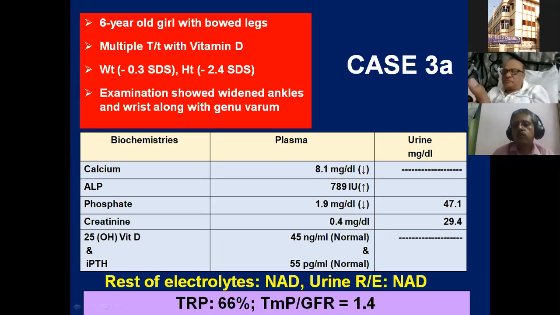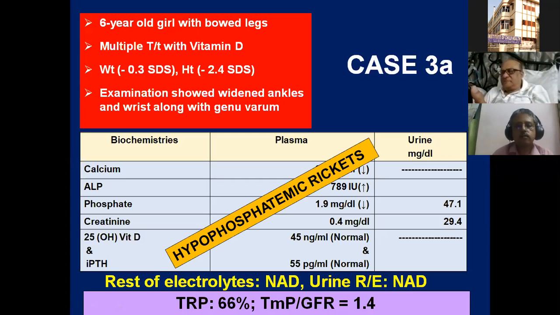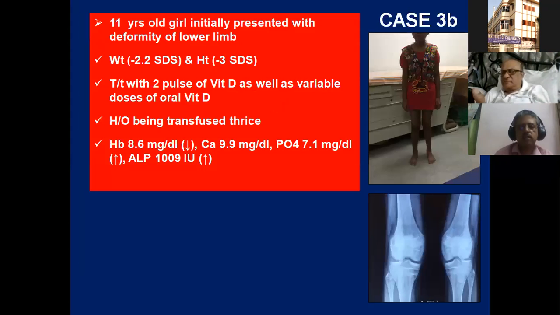So we are having a hypophosphatemic rickets from phosphaturia. What is the cause of it? Well, because it is not Fanconi, then the commonest cause remains the classical X-linked hypophosphatemic rickets, and we can confirm it with the help of genetic analysis.